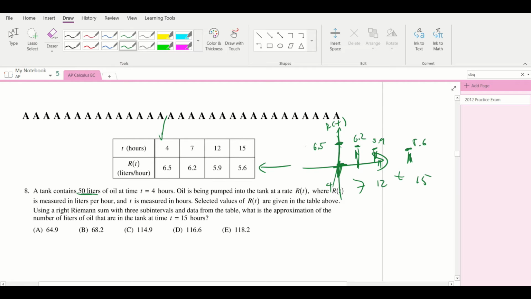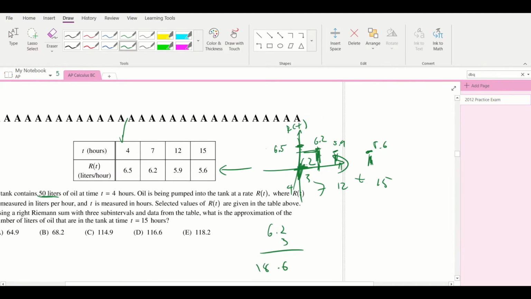So to just do it, this distance is 3, and we're using the right side, so this is 6.2. So we have 6.2 times 3, which is 18.6. Next we have 5.9 times 5, because this distance is 5. So 5.9 times 5 is 29.5.